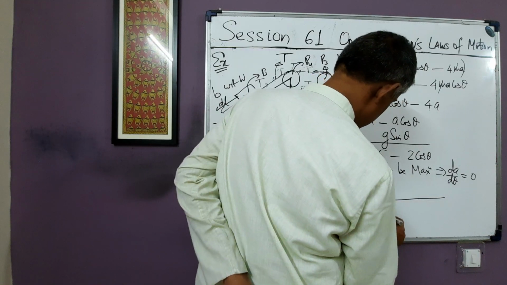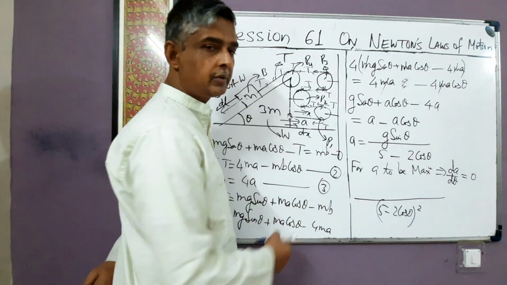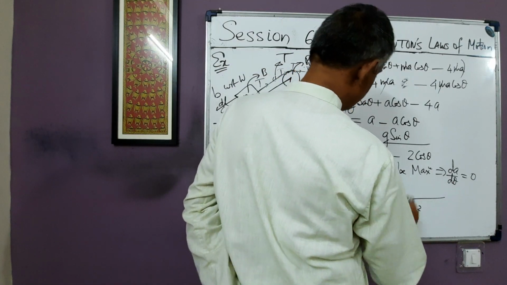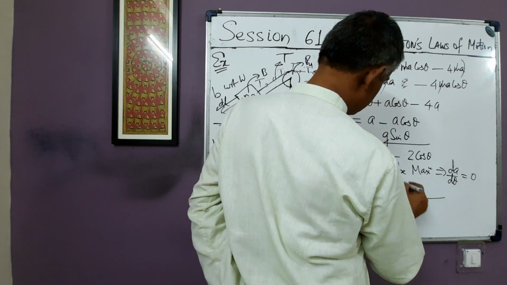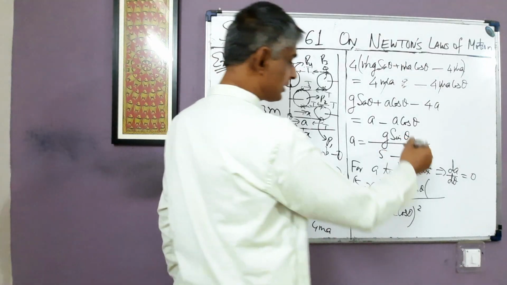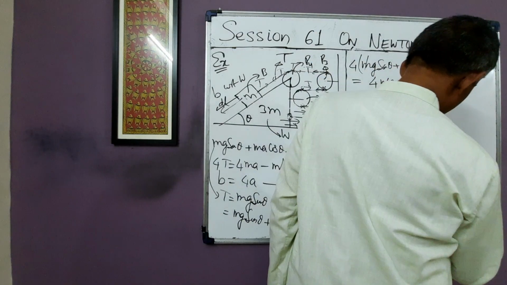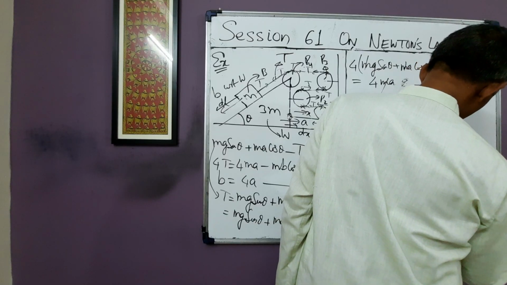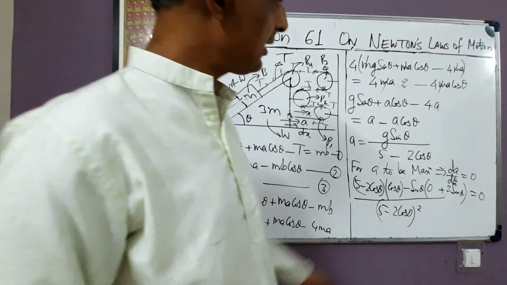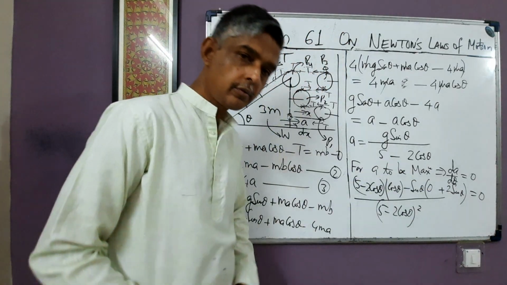So what do we get? 5 minus 2 cos theta, quotient rule of differentiation, into 5 minus 2 cos theta into d by d theta of sin theta, which is simply cos theta, minus sin theta into d by d theta of 5 minus 2 cos theta. D by d theta of 5 becomes 0 constant, minus d by d theta of 2 cos theta, which is simply 2 sin theta. Because d by d theta of cos theta is minus sin theta, and the minus is there previously also, so minus 2 sin theta. Okay, fine.